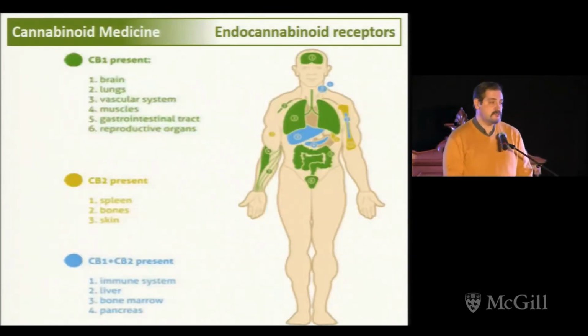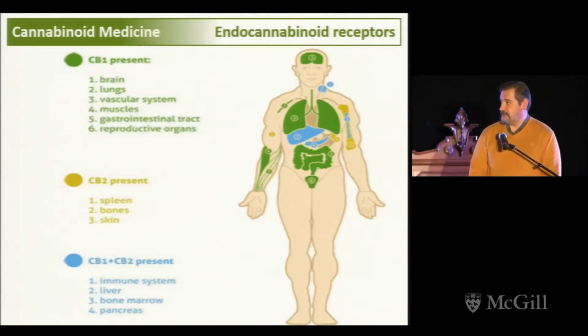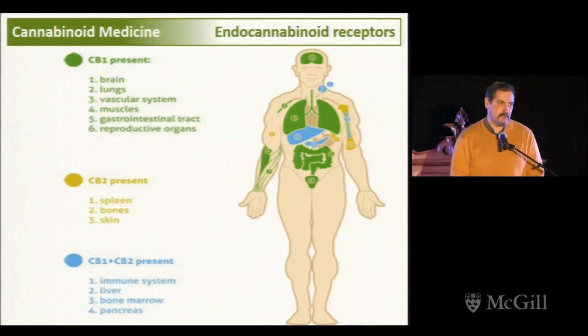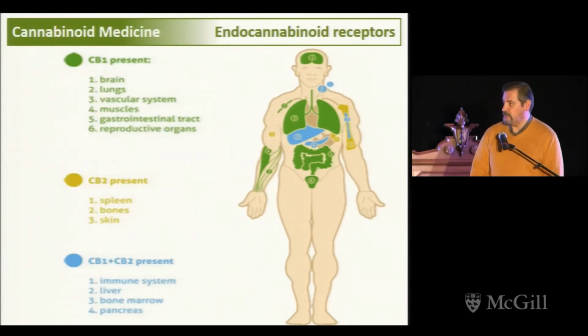These endogenous cannabinoid receptors, endocannabinoid receptors, can be found throughout the body. Mostly the CB1 can be found in the brain, lungs; they are widespread. CB2 seem to be more present in immune-related organs, like for example the spleen or bones, and there are organ tissues where the CB1 and CB2 receptors co-localize.